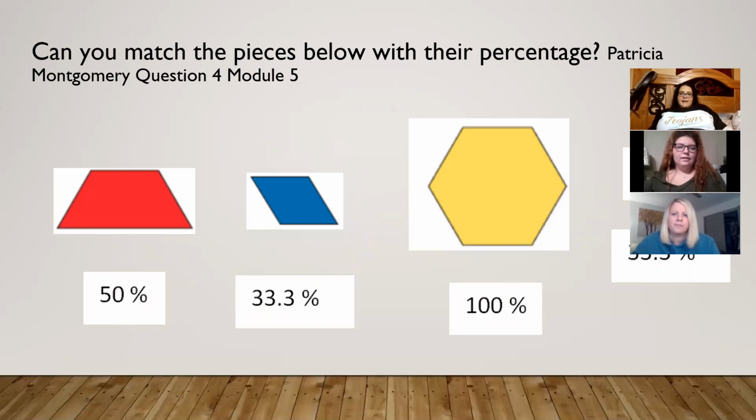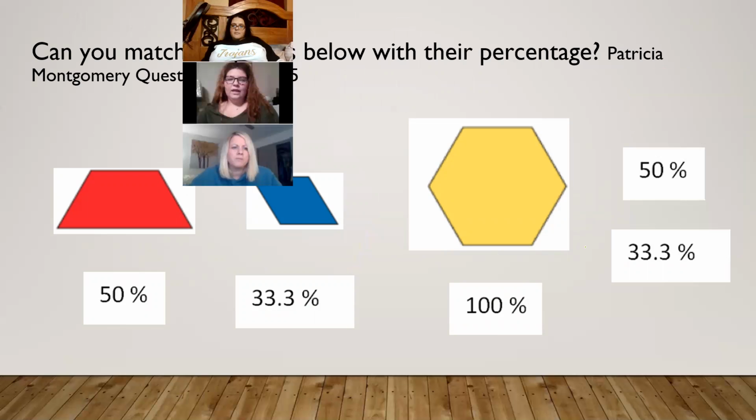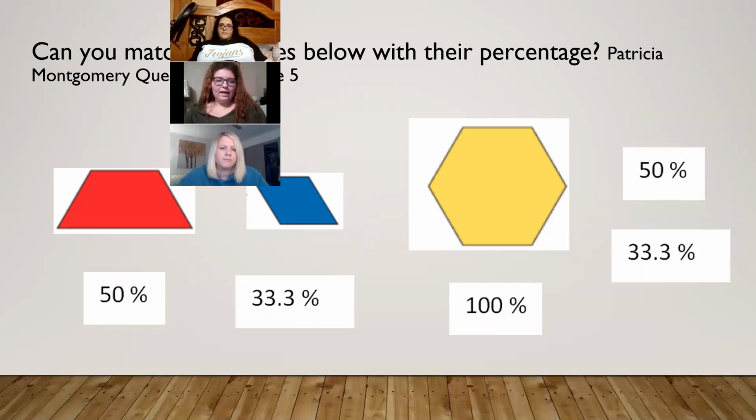Hey, Patricia, can you match the pieces below with their percentage? Yes. Like what Robin was just showing us, this hexagon is 100% because it's completely whole. And then we want to see which percentage of that whole the trapezoid and the rhombus are. We're trying to see how many of that shape, like the trapezoid, would fit into our whole piece.